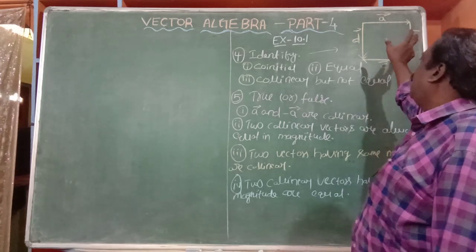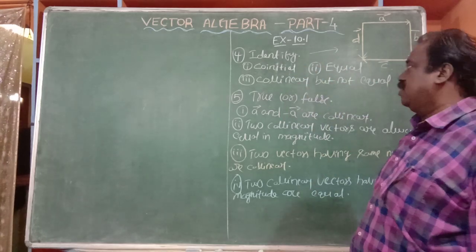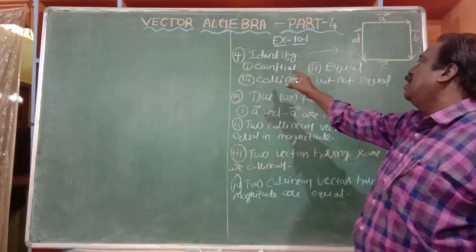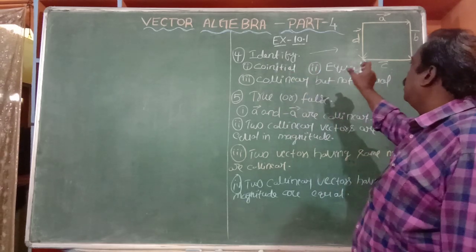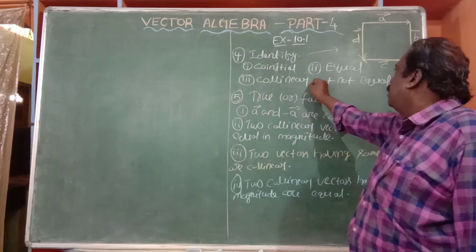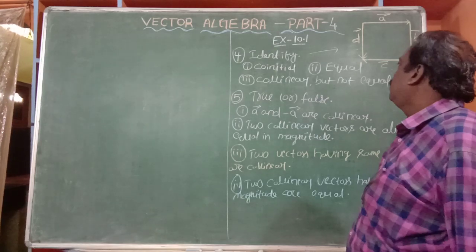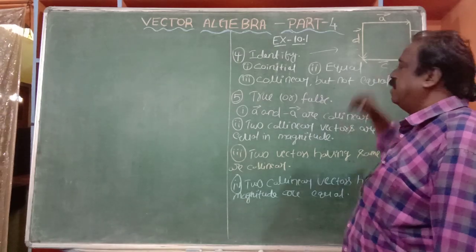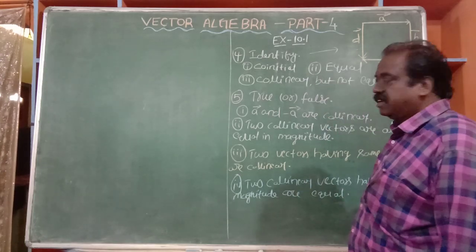But by using this diagram, we are asked three questions: which are coinitial vectors, which are equal vectors, which are collinear but not equal vectors. These are the questions.